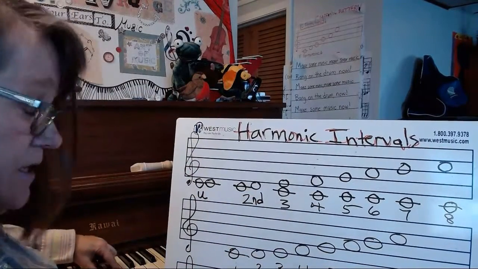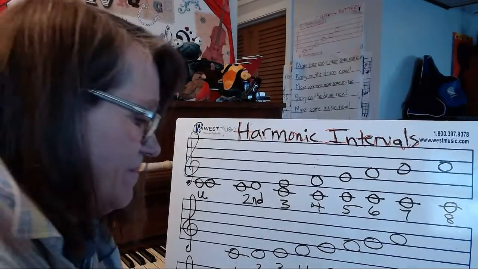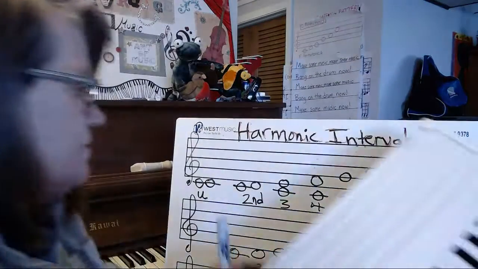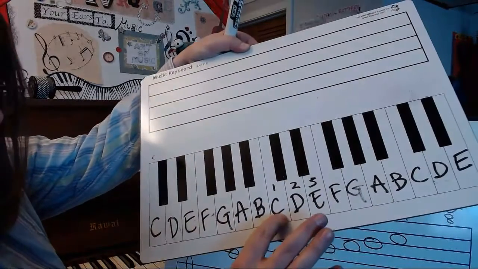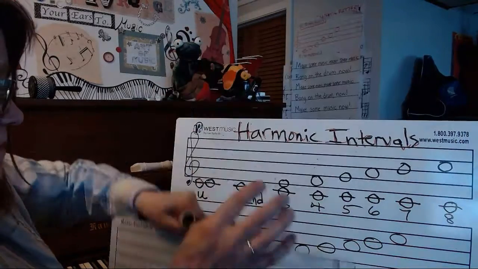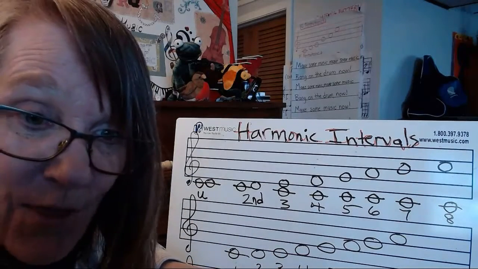And from C to E, 1, 2, 3. One, two, three. C, D, E. Okay, that's called a third.